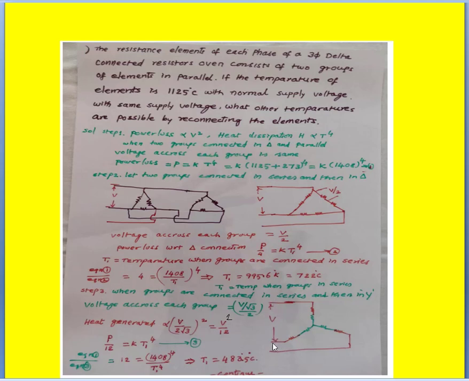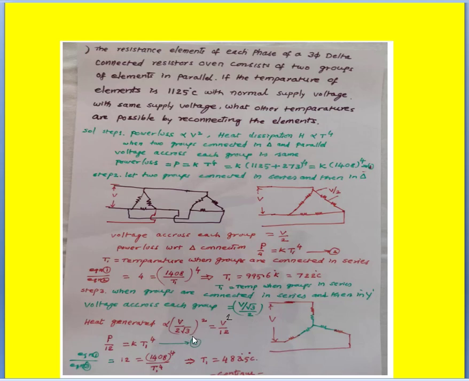So for a star connected system, per phase voltage is nothing but V by root 3. So the voltage from here to here will be V by root 3. Whereas the voltage across each group is given by (V by root 3) by 2.